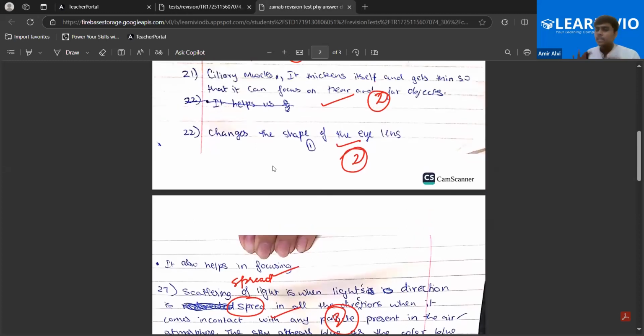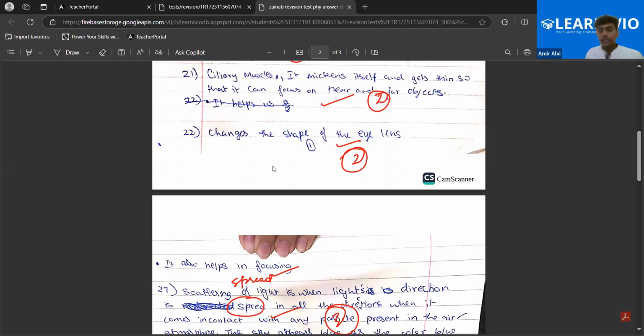Again, you have to write the same thing, because sometimes questions will be repetitive, just the language will be changed. You will write: Ciliary muscles are used to change the shape of the eye lens. That's the first statement. Ciliary muscles are used to accommodate the focal length of the eye. That's the second statement. If you write this in this manner, it will look more appealing and much more clear and organized.